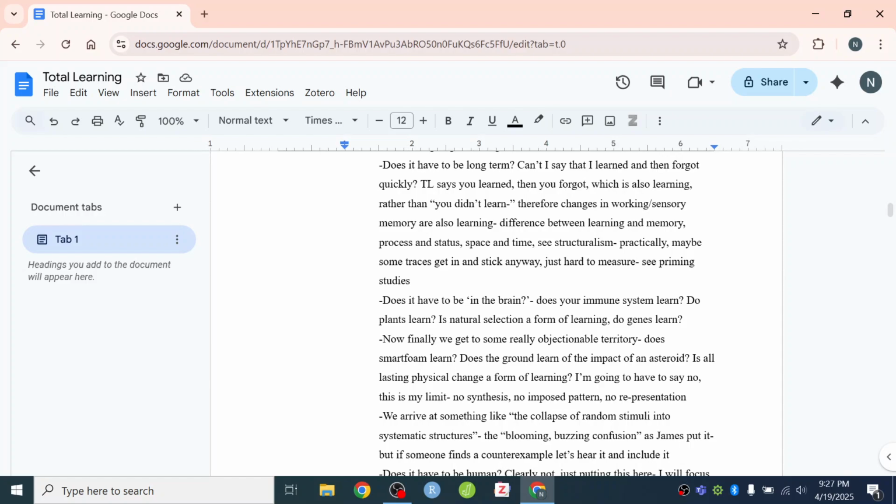The movement of the blooming, buzzing confusion, as James put it, into some kind of system which takes it, analyzes and manipulates it and represents it, and then perhaps does something in response to that analysis and representation. Maybe this is our new definition.